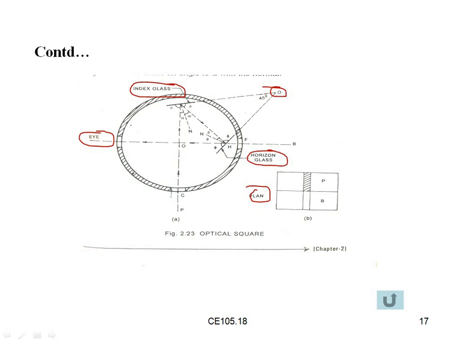From our eye place we have to see from this point, and it will be visible to the B point. When we see the object here, the index glass reflects it to the point.